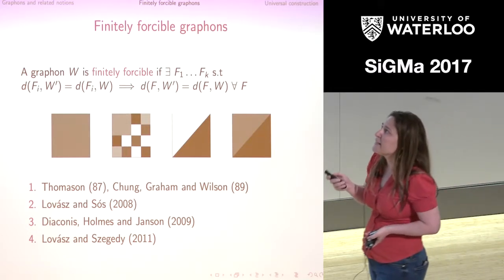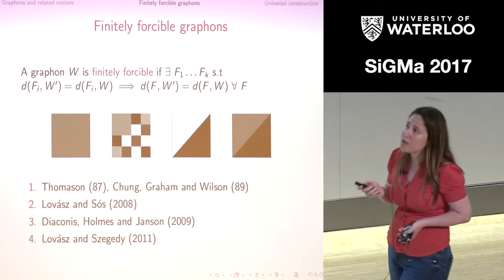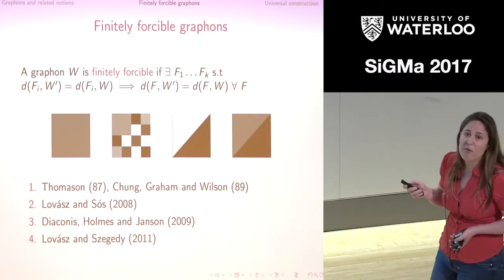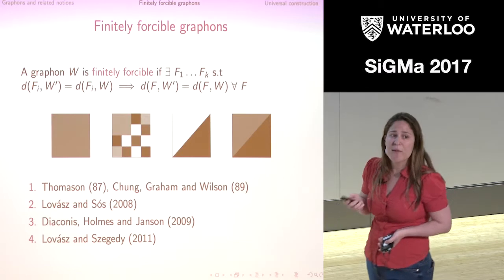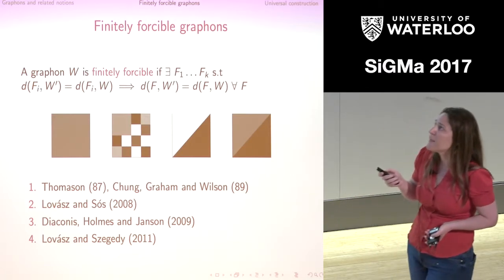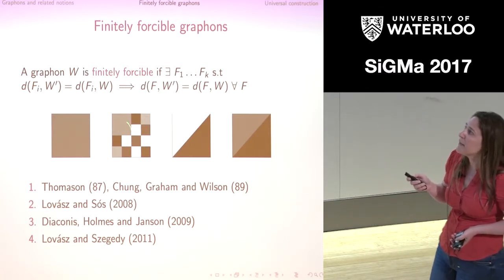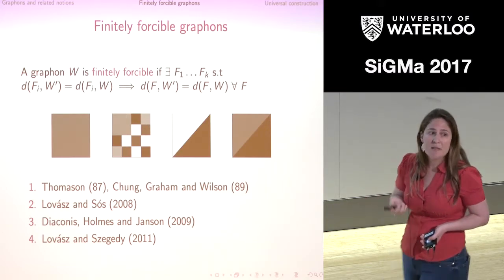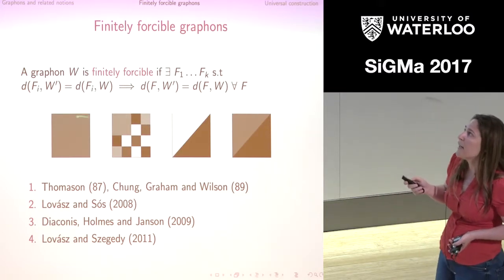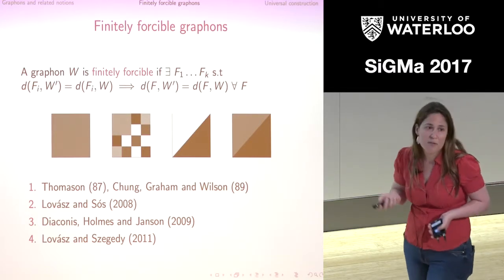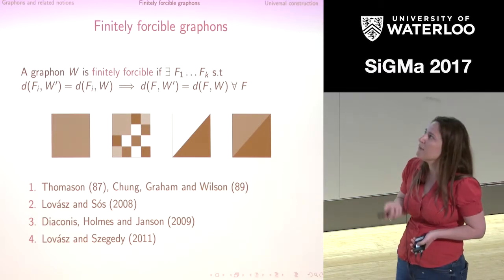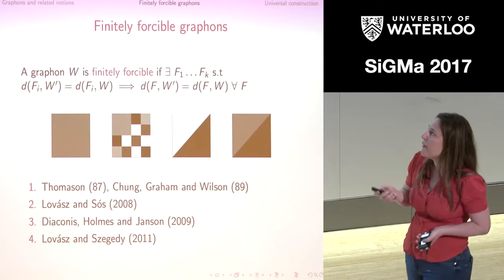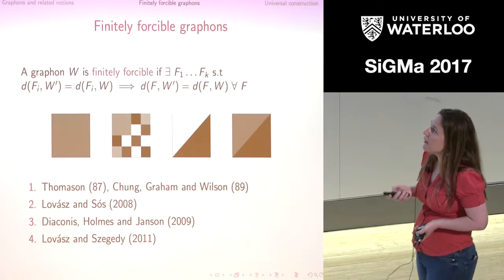Also, any step graphon: Lovász and Sós proved that any step graphon is finitely forcible. A step graphon is when you pick the unit interval, partition it into finitely many measurable sets, and then between any two of these parts, the graphon is constant.